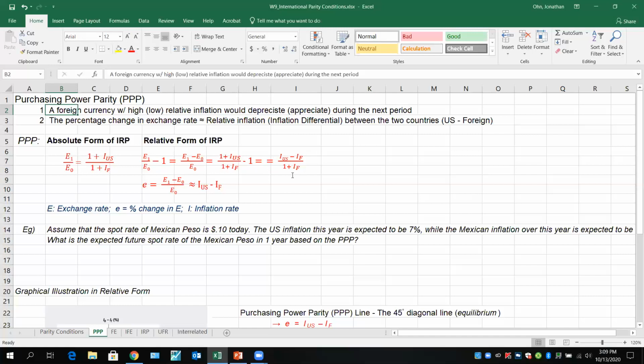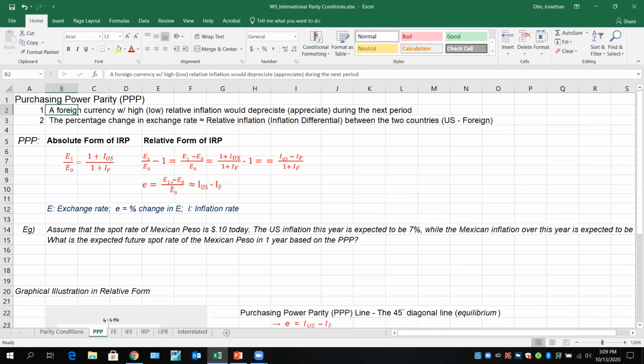But IF is like 2% or 3%, 0.03, which is very low, so this is approximately equal to I US minus IF. That's the relative inflation, or inflation differential.